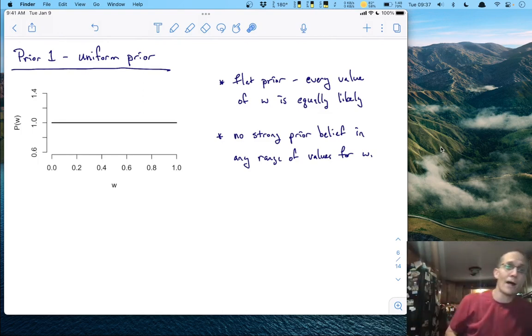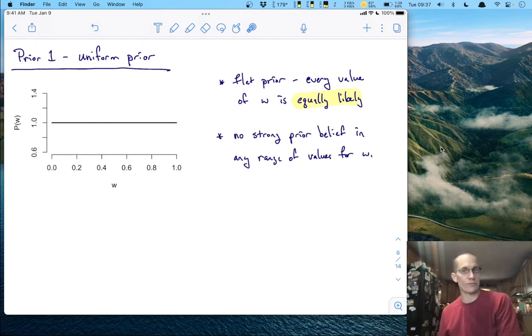So what is a uniform prior? Well, it's literally flat, okay? It is a probability distribution that says that every value of W across the spectrum from 0 to 1 is equally likely. Let me highlight that. That's important. And what this represents is an analyst who has no strong prior belief in any range of values for W, right?